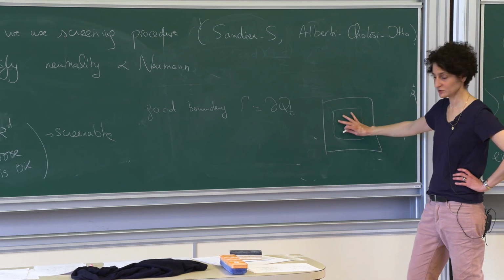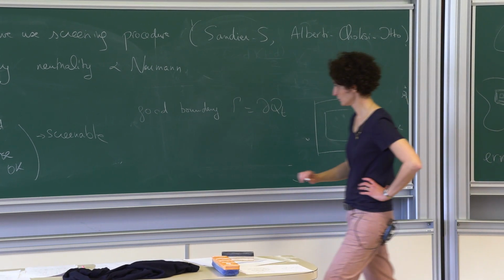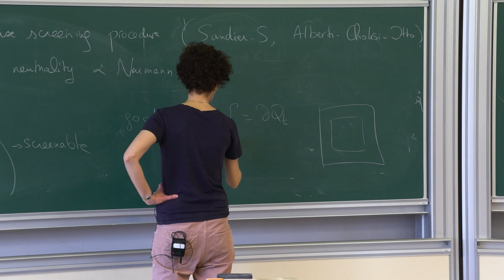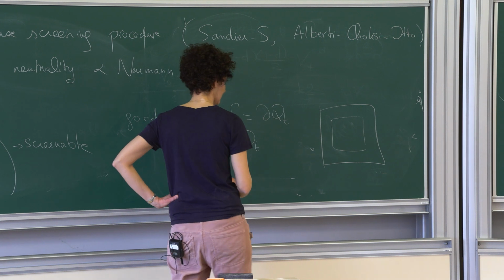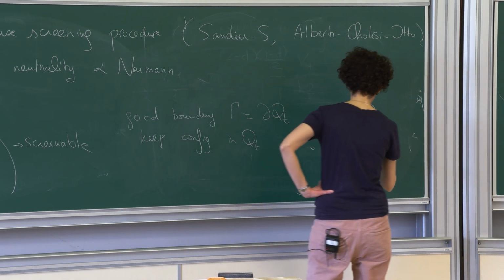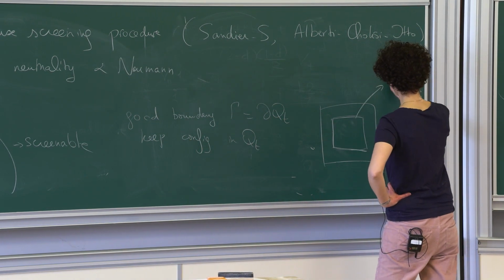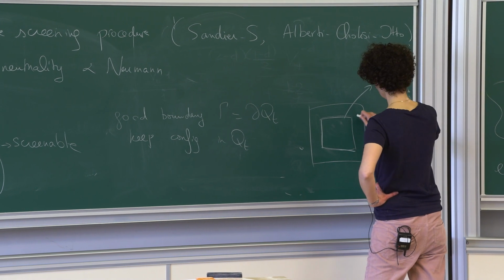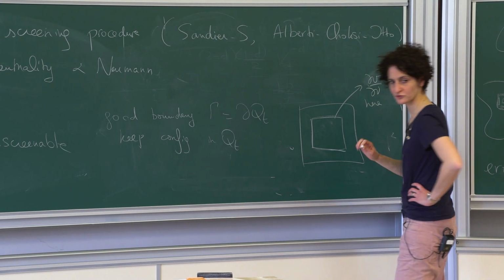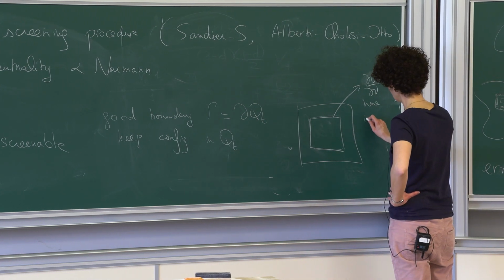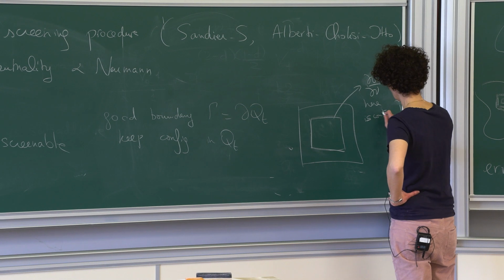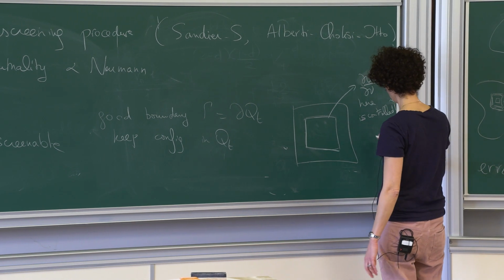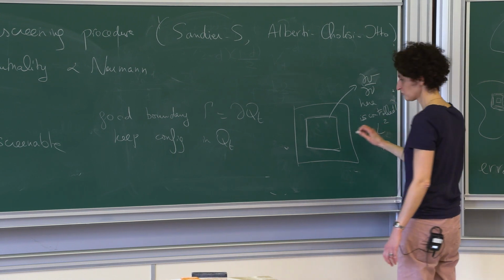And you're going to keep the configuration inside, the configuration in Q_t. And what you are going to know from the fact that it's a good boundary is that E·ν, or if you want ∂V/∂ν here, is controlled in L². So the trace of the electric field, if you want, is not too horrible.